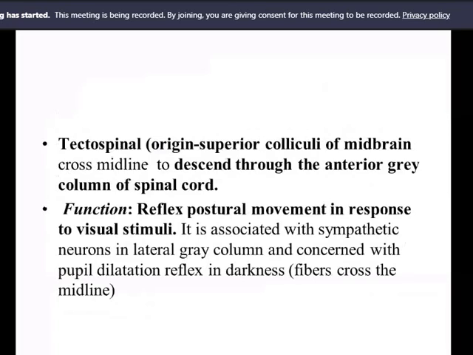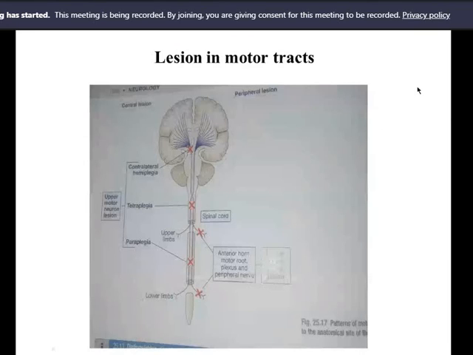Now look here, if it is cut here, the internal capsule is cut. So opposite side hemiplegia, right? If it is cut here, quadriplegia, because both the crossings are already done. Sorry, I am talking in Nepali. Some become angry.